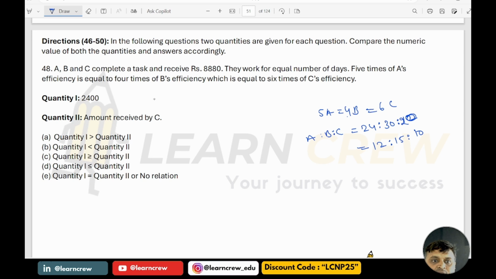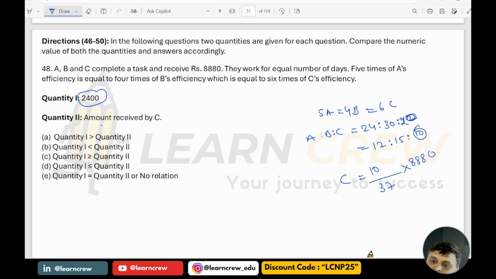So what is the question asked? They received in total 8880. Quantity 1 is 2400. Amount received by C: 10 parts out of 37 parts in 8880.